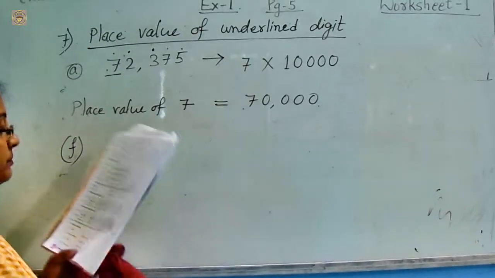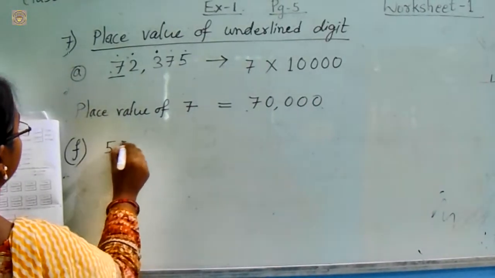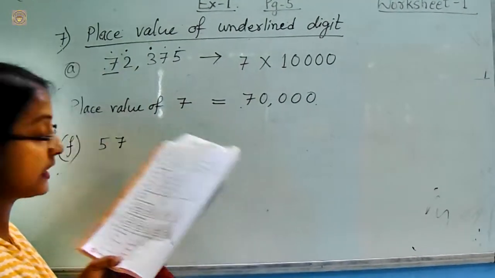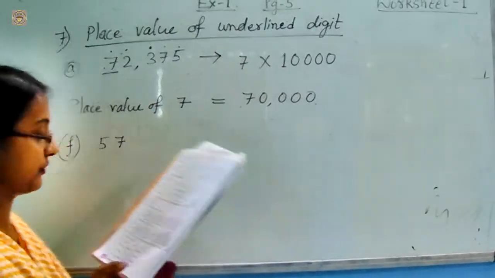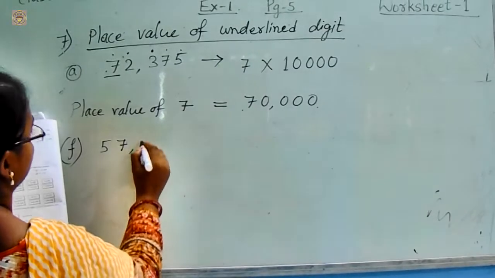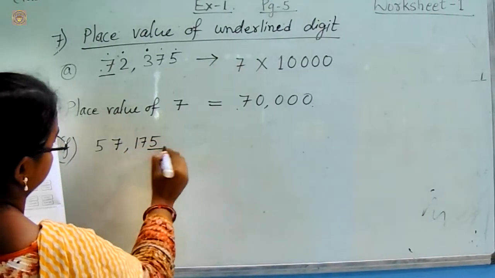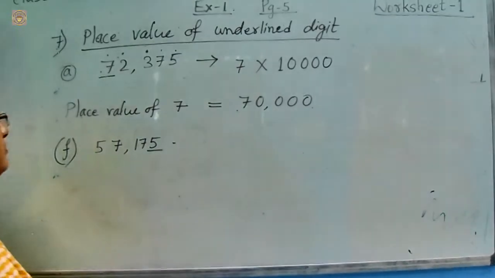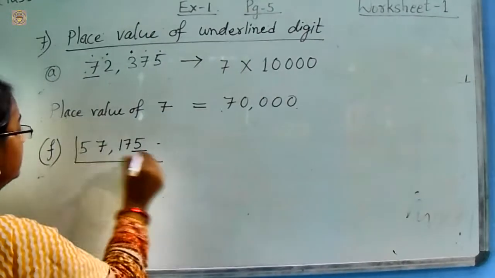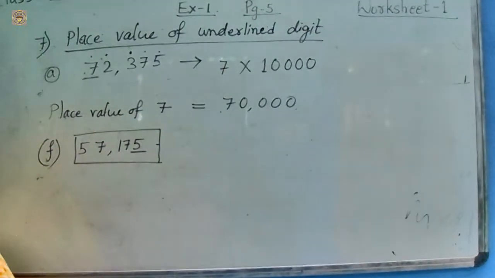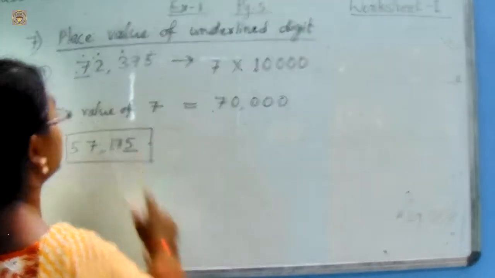Let's take another example. The question number is 7F: 57,175. Can you tell me the digits?